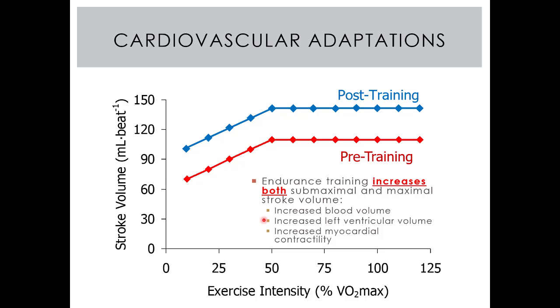So what does this do in accordance to the Frank-Starling law, which we discussed in the previous lecture? That would increase the force of ventricular contraction, thereby ejecting more blood per contraction or heartbeat, aka increased stroke volume. And again, submaximal and maximal stroke volume increases with training.